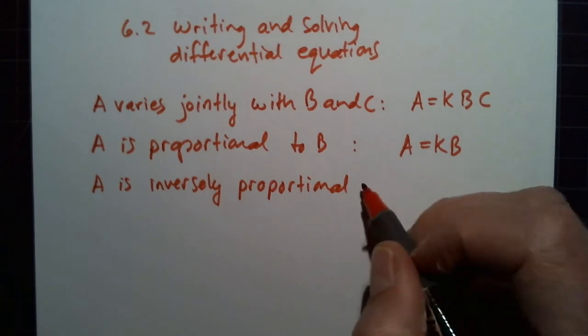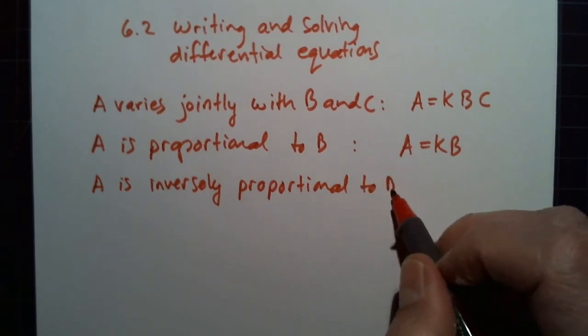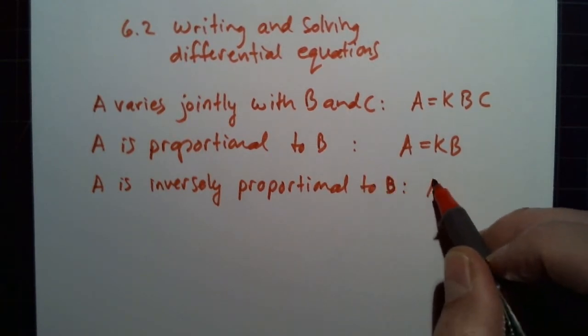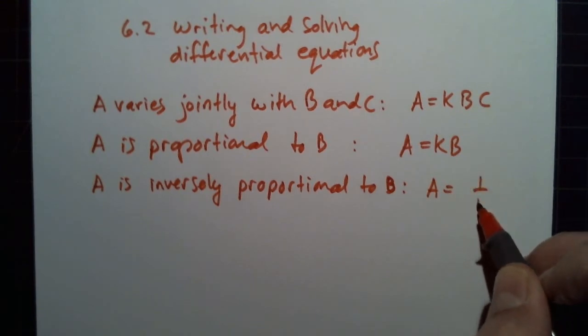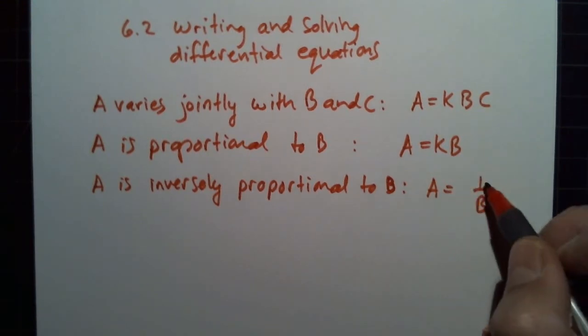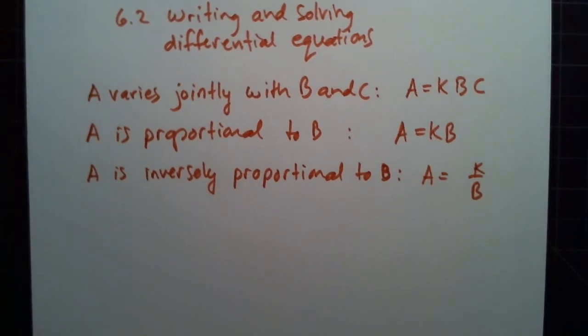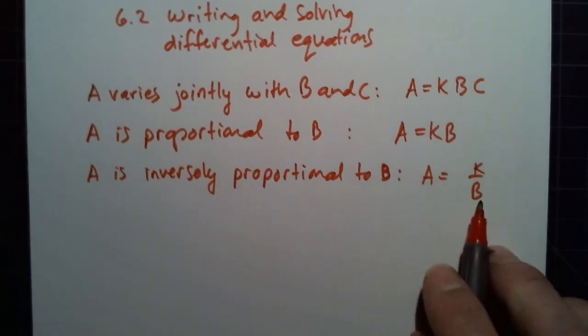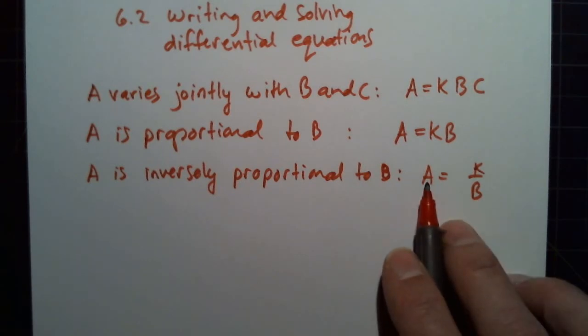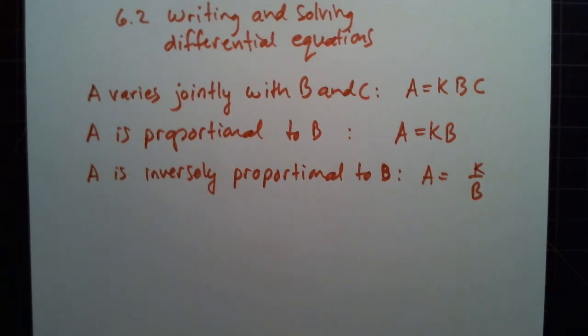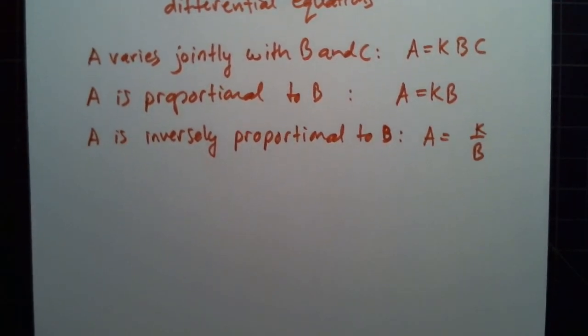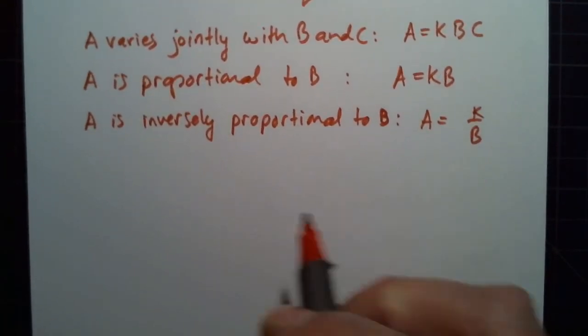Inversely proportional to B, we would have 1 over B, but we also need that constant of proportionality. So inverse proportion, we have that. As B increases, A decreases. That's the inverse relationship. So then we can use that vocabulary to write differential equations.